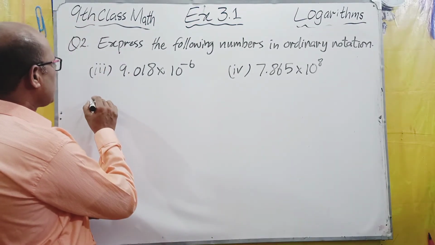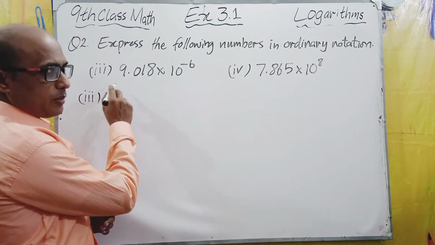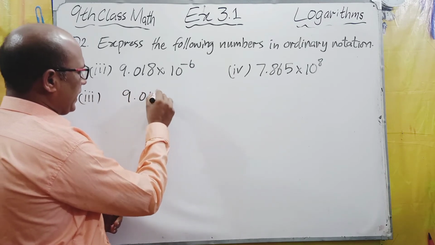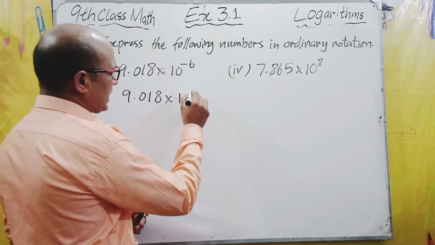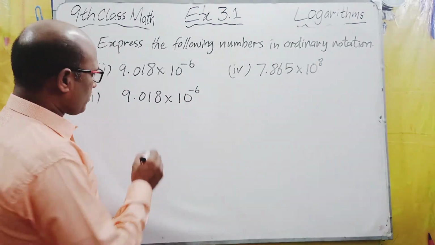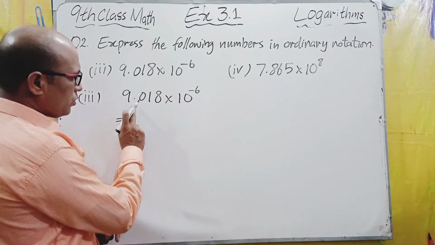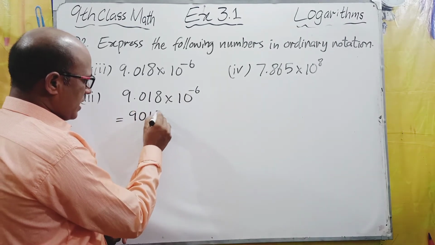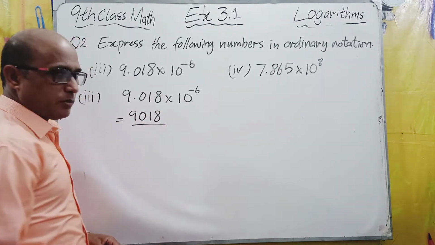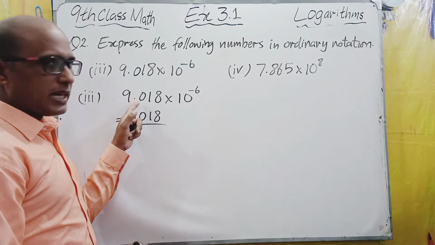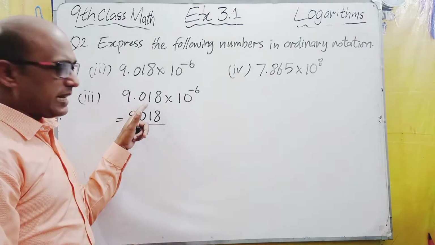So let's start. We'll start with part 3, which is 9.018 multiplied by 10 raised to the power minus 6. Students, first of all, we'll remove this decimal: 9018. When the decimal is removed, we count the numbers after that decimal.